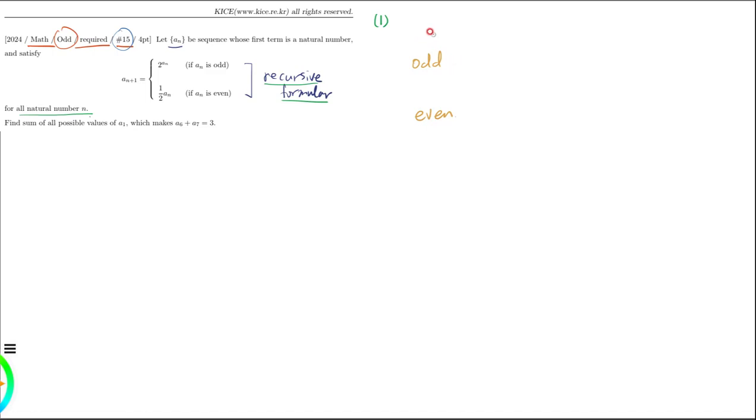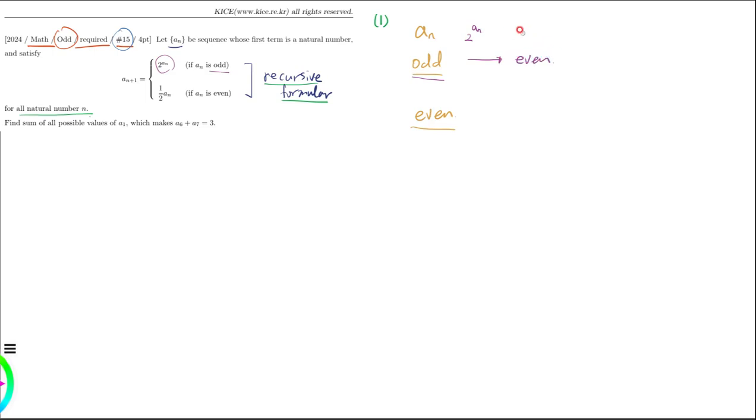So if the term a_n is either odd or even, let's assume that the term a_n is odd, then we apply 2 to the a_n power, and it becomes even.